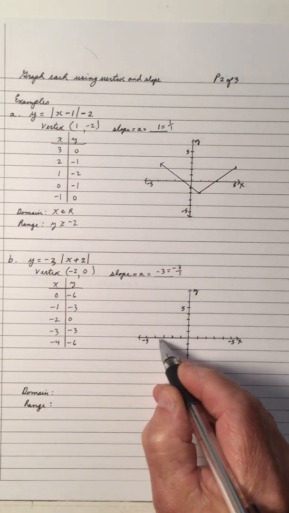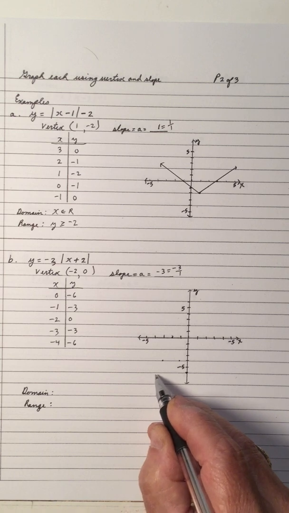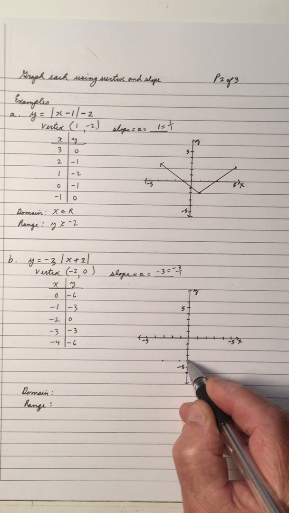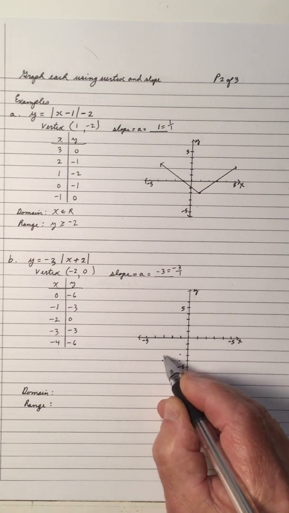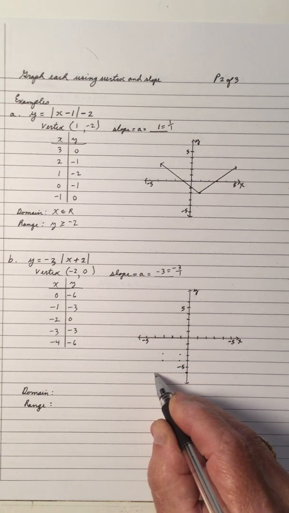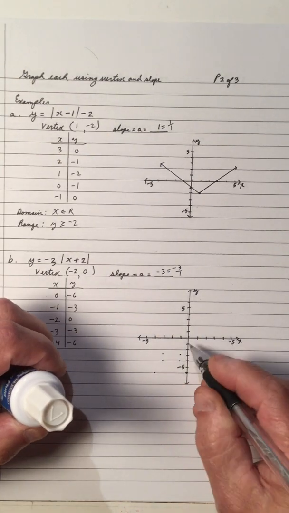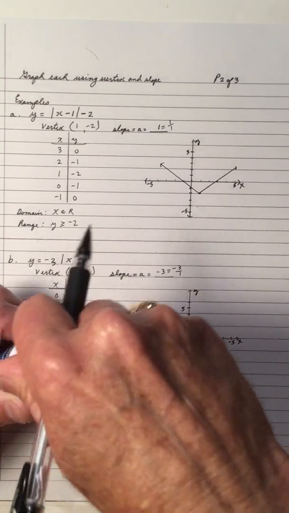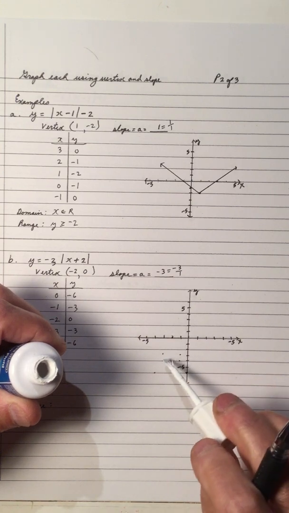X is negative 4, y is negative 6. 1, 2, 3, 4, 5, 6. I've gone down too far here. So here we are. And I went 1, 2, 3. I should have been there instead of here. So let me correct that so we won't get confused.